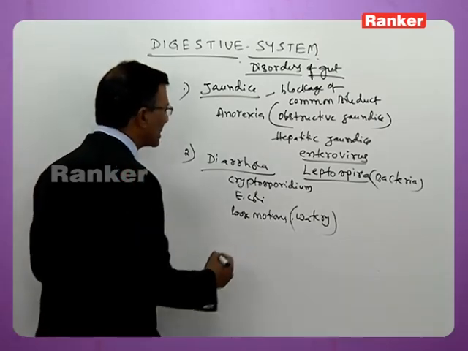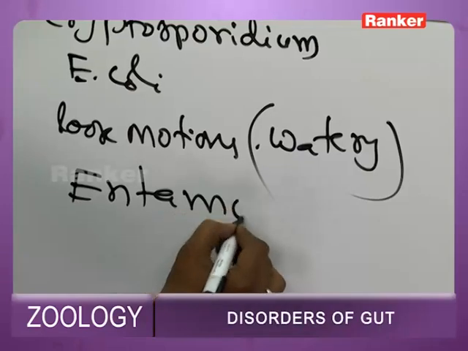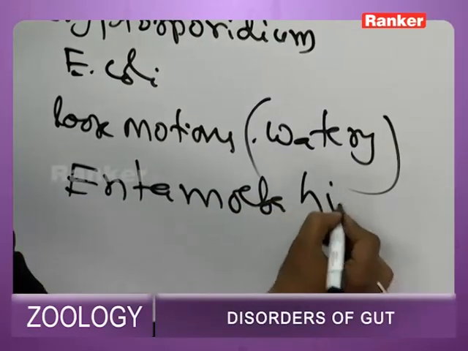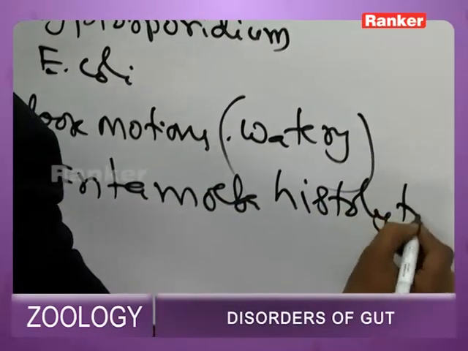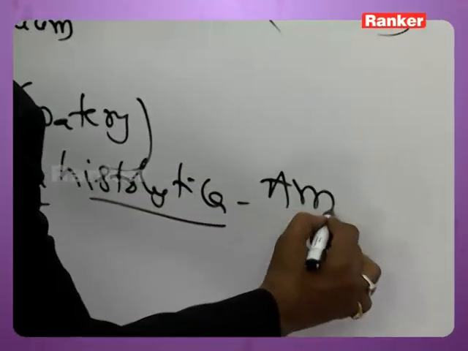Diarrhea is also caused sometimes by Entamoeba histolytica, which causes a kind of diarrhea called amoebiasis.